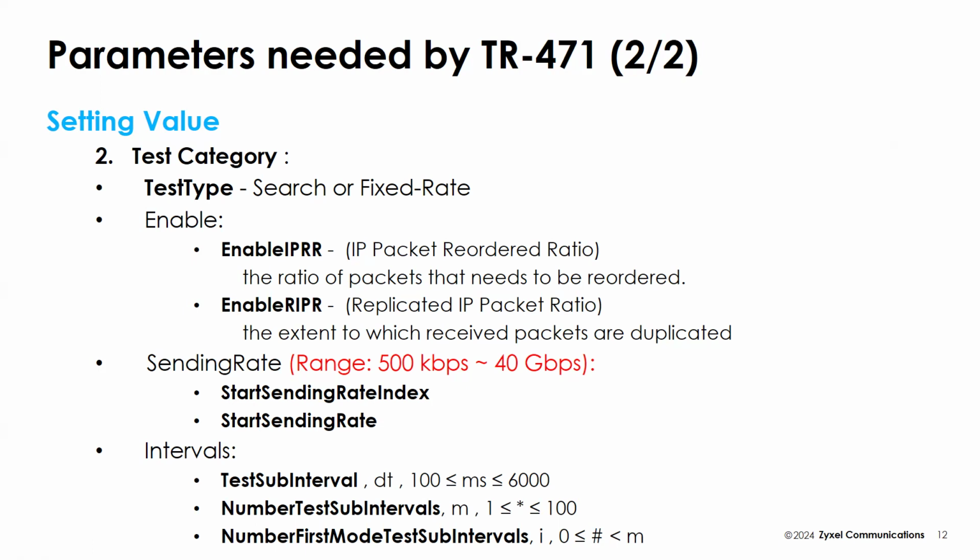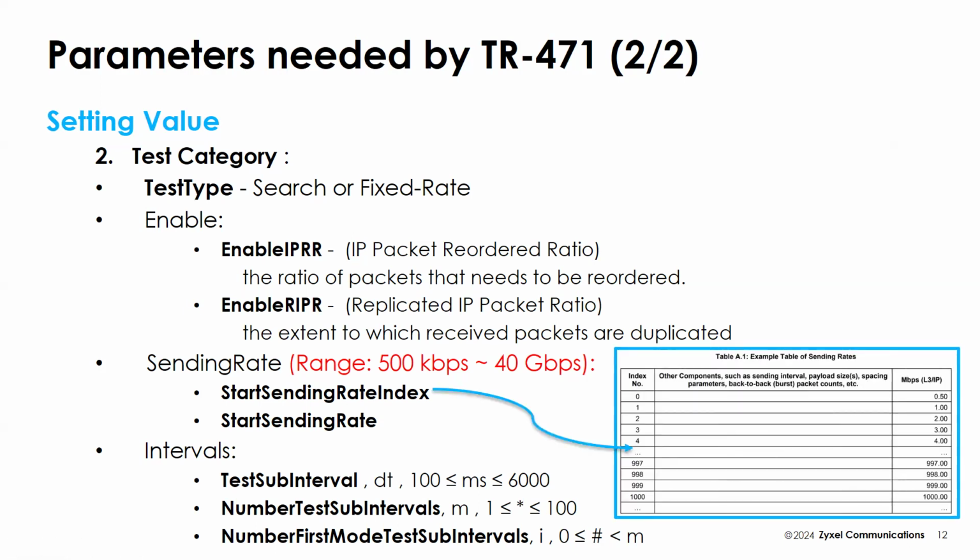Okay, and about the sending rate, you can see that we have two kinds of sending rate parameters we are able to set. The first one is the start sending rate index. With this parameter, we select a predefined rate with a specific index from an existing table.